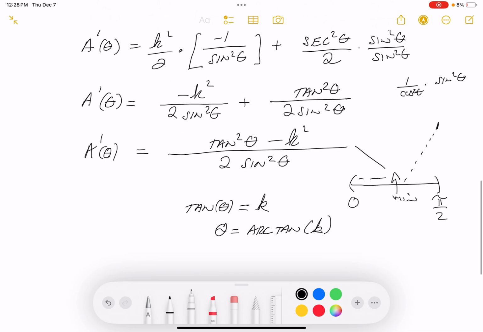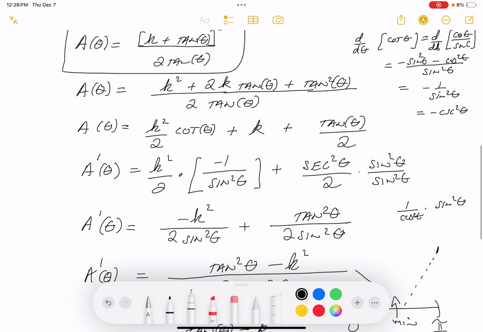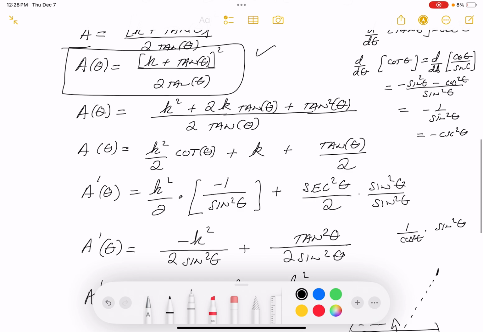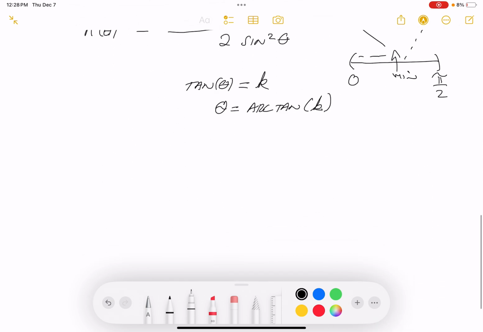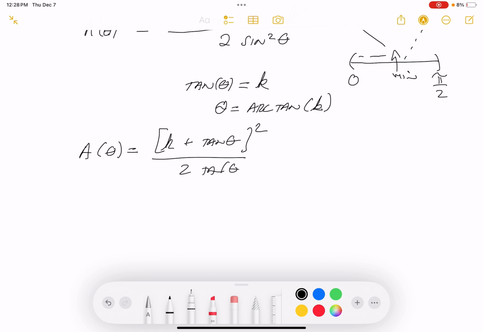And so how do you do that? Well, I'm going to go back to the area function, and this is the area function over here. I'm going to write this down now. So the area is a function of theta, and that area function, again, we just wrote it down. The area is going to be k plus tangent theta squared over 2 tangent theta.